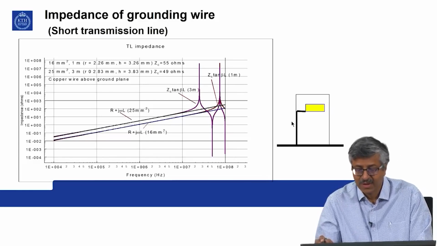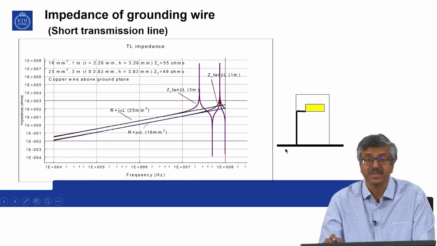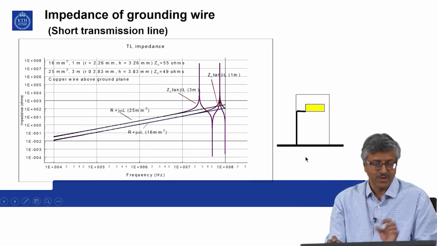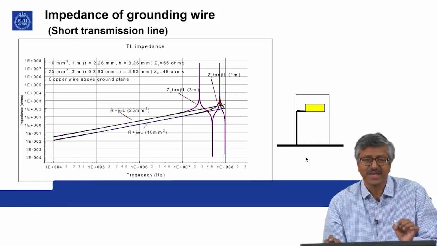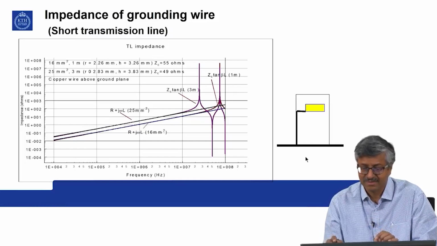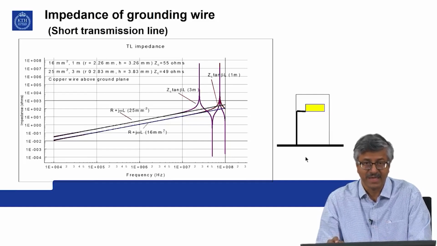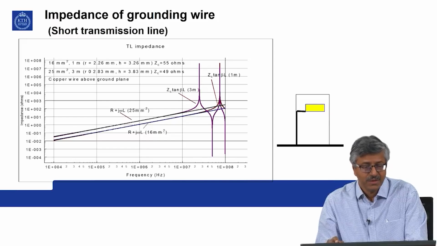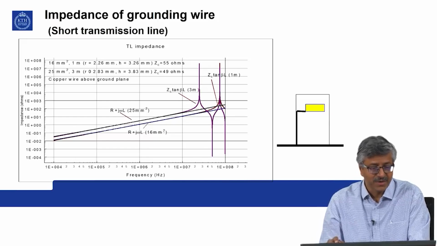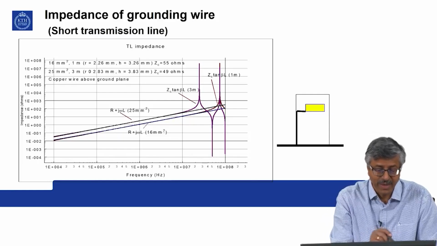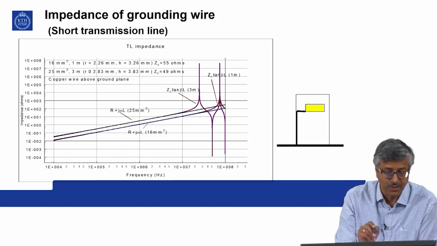How will you use those to earth this? One may be tempted sometimes to say that the 25 millimeter square wire has a lot of thickness, so it can reduce the inductance, but at the same time it has a larger length of 3 meter. So, one can guess that the 60 millimeter square wire may be better, but let us do a calculation and see if it is really true.